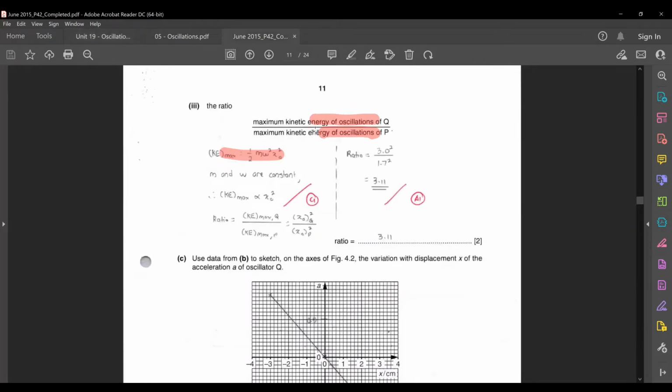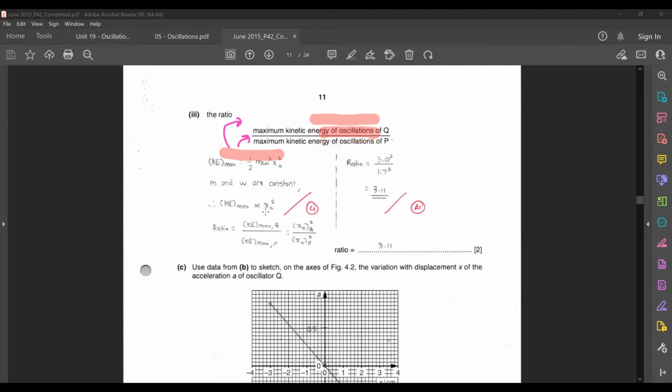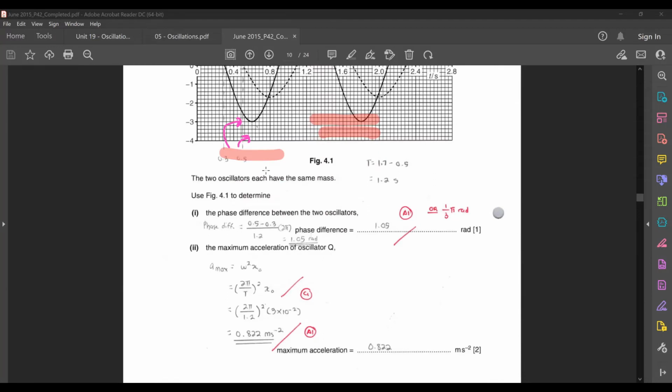So if it comes to ratios, you know that the maximum KE equation applies to both Q and P. Some things are constant between both of them. The first thing is that the mass is constant, because the question specifically told you the two oscillators each have the same mass.